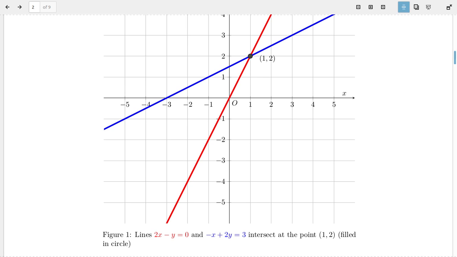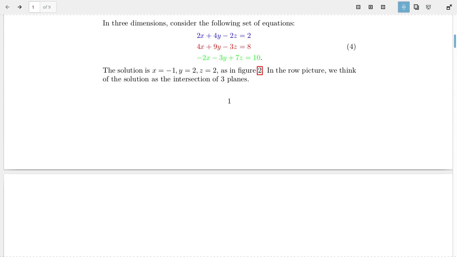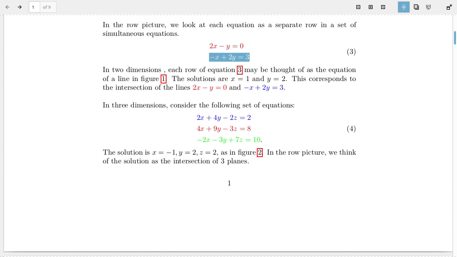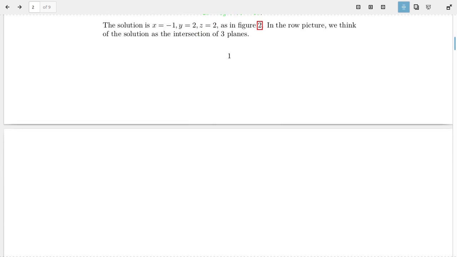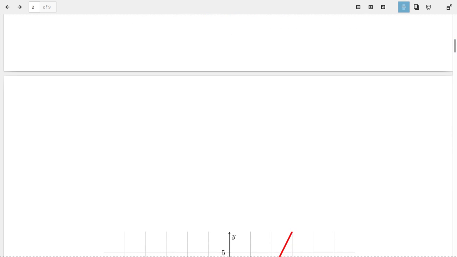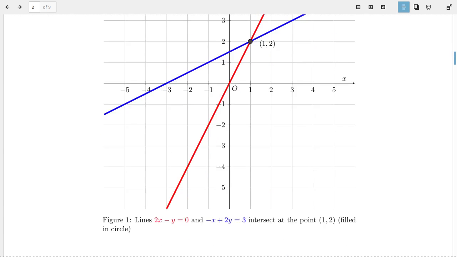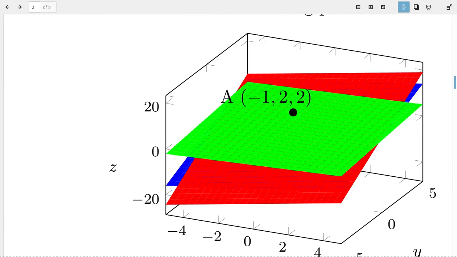So that's one way to picture it geometrically. Similarly, consider the set of three equations. Twice x plus 4y minus twice z corresponds to the blue plane in this diagram. Now, unfortunately, that plane is hidden away by the other two planes, by the red plane and the green plane.